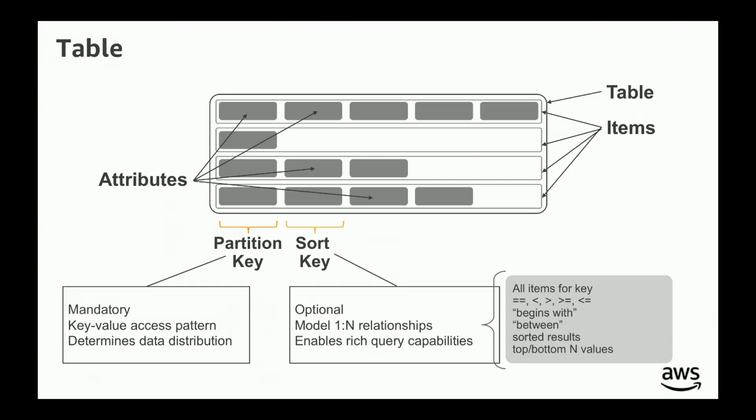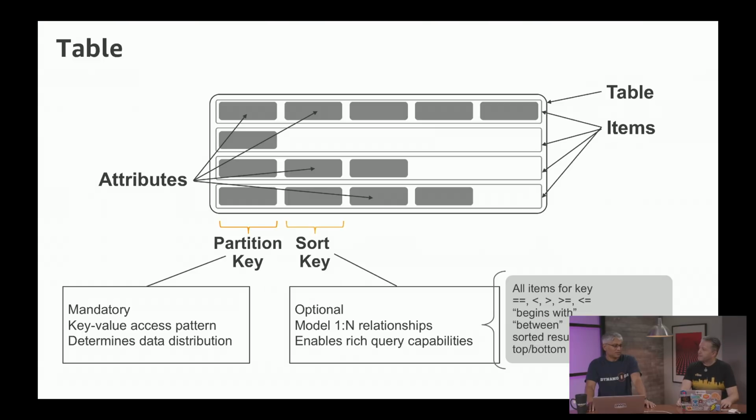And the key has to be unique. The primary key on the table has to be unique. It could be just a partition key or a partition plus sort key, depending upon whether you have a table with just the partition key or a table with a partition and a sort key. But together, each item is identified uniquely by either just the partition key or a combination of partition and sort key.